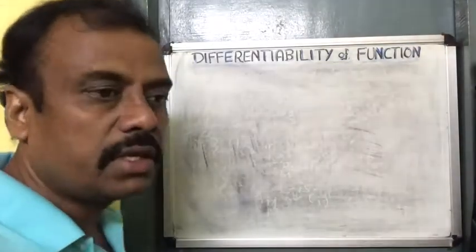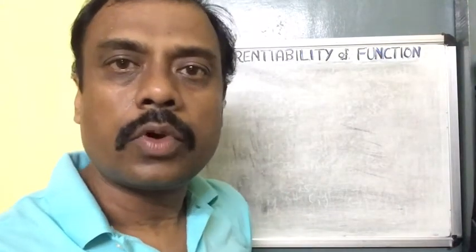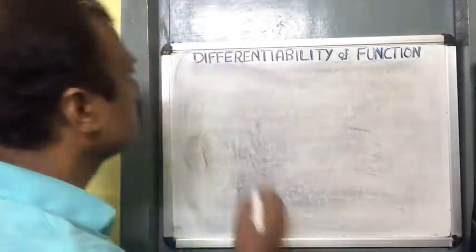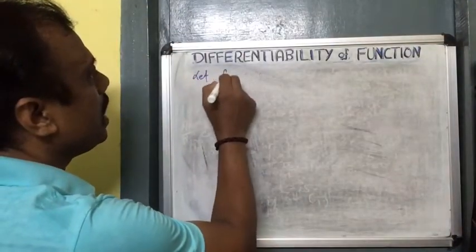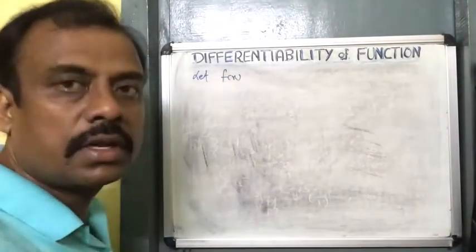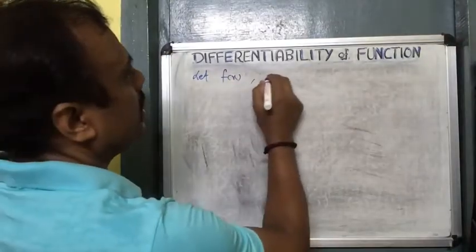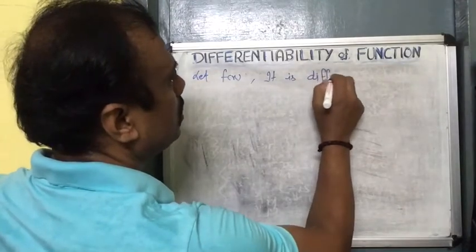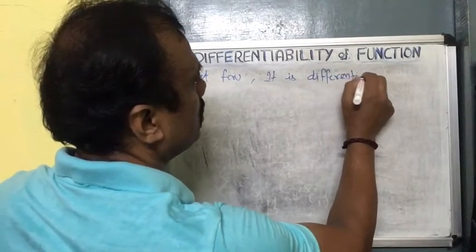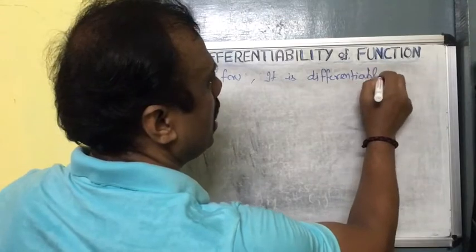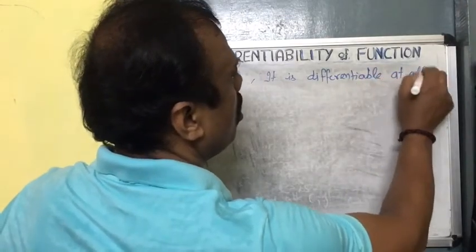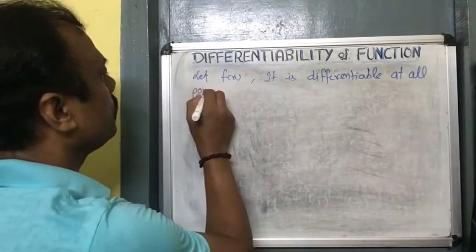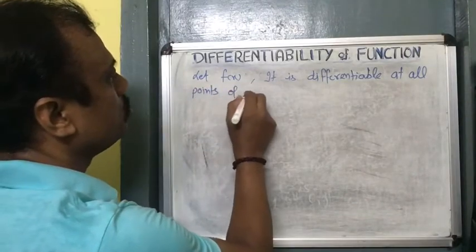Differentiability of a function means that the given function is differentiable at all points of its domain. So let f(x) be a function and it is differentiable at all points of its domain.